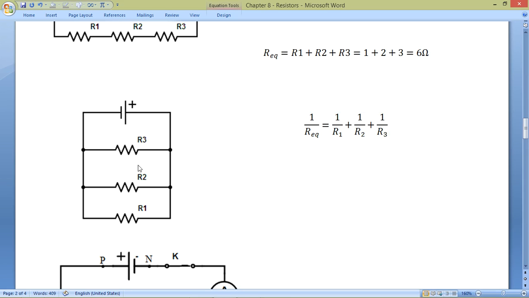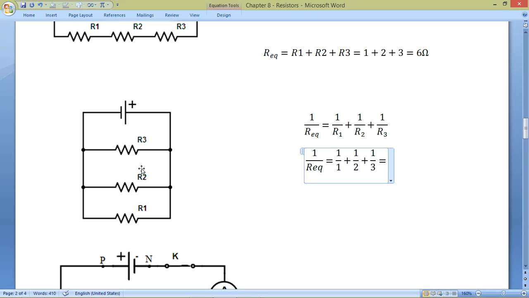Now, to substitute these resistances, we just substitute: 1 over R equivalent equals 1 over 1 plus 1 over 2 plus 1 over 3.